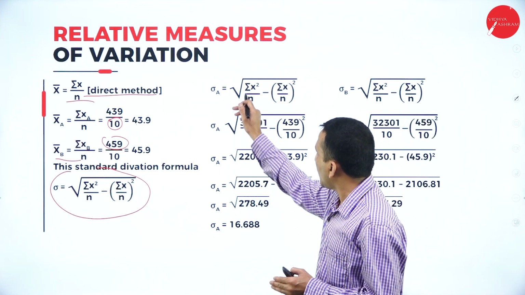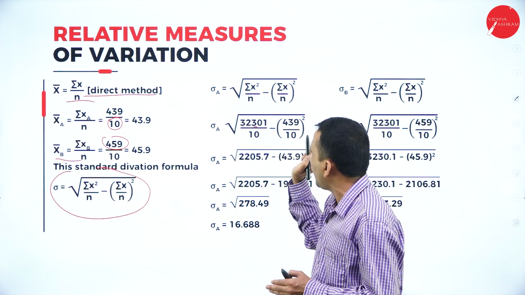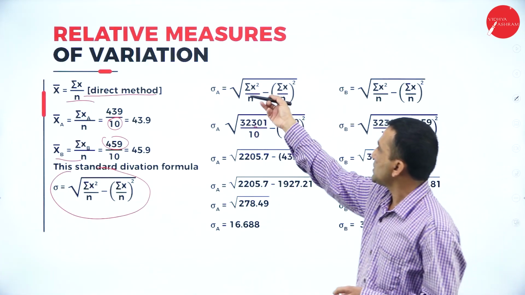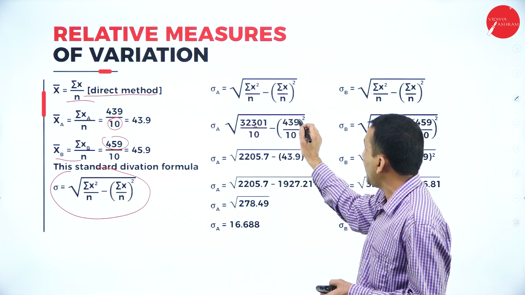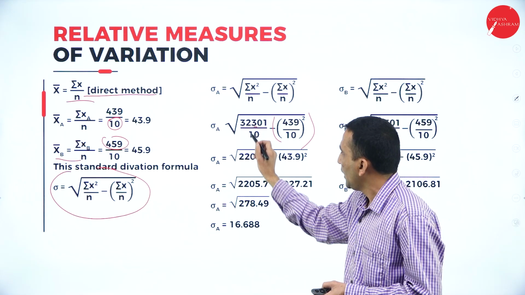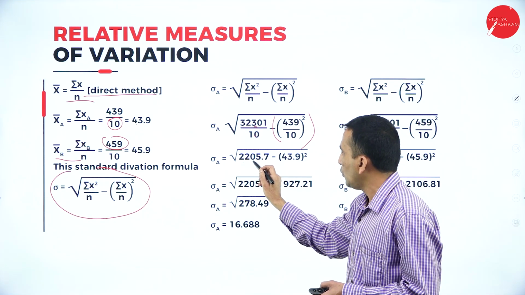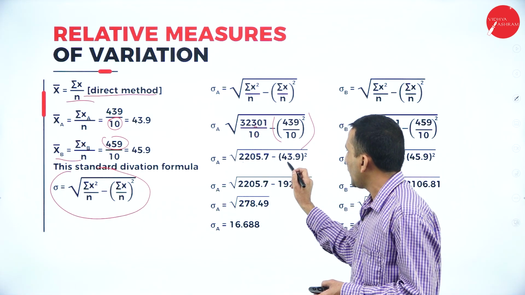According to the formula, I just write it as it is: 22,057 divided by 10, because in the previous step we got this value, and sigma x is 439 divided by 10. One by one, you have to simplify stepwise. If you divide, you get 2,205.7, and the other gives 43.9.